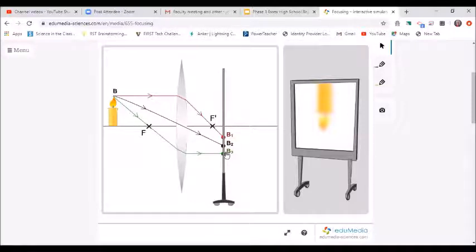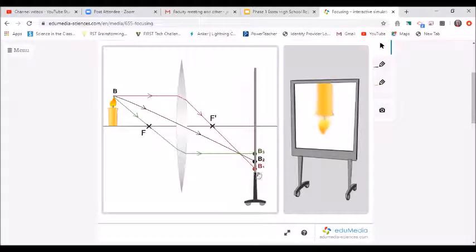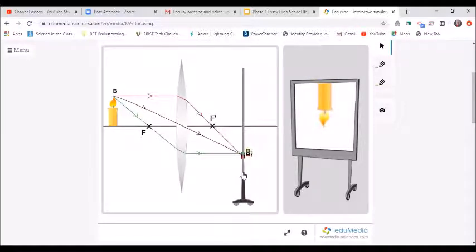They miss a little bit. So that results in an image that's blurry. But if I move this back to where, oops, now I went too far, so it's blurry again. So let's call this a screen. If I put the screen in the right location, then the image is sharp and it's in focus. This is called a real image because it can be projected.